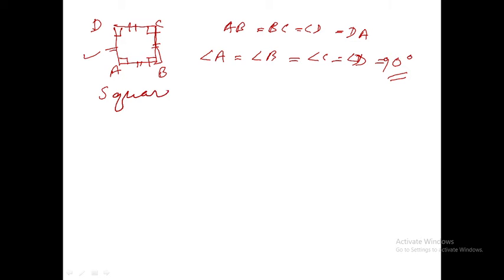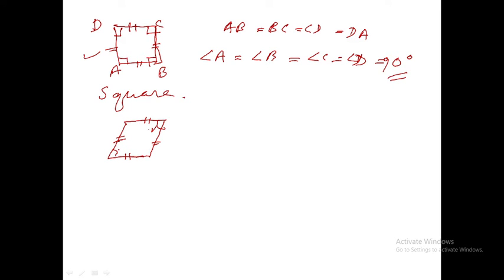And a rhombus. In a rhombus also all the sides are equal, but all the angles are not equal, meaning each angle does not measure 90 degrees. Here you see this side equals this side equals this side equals this side. All sides are equal, but the angles are not 90 degrees here. But opposite angles are equal.